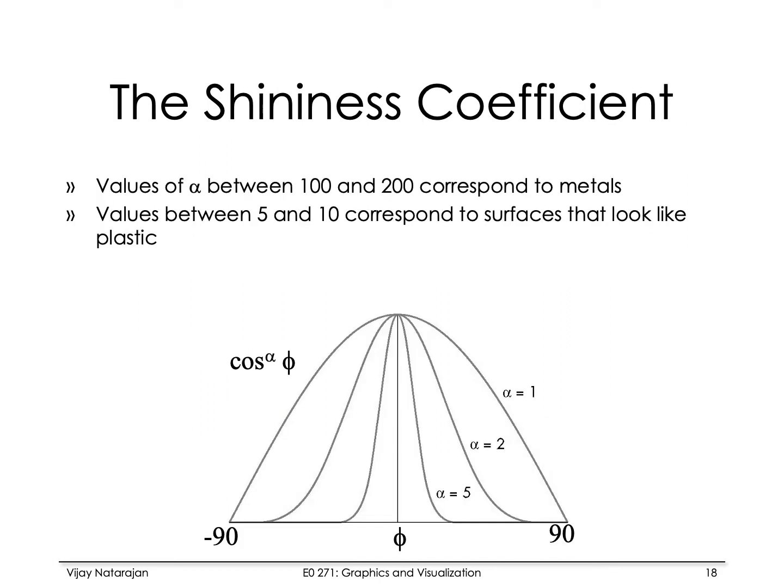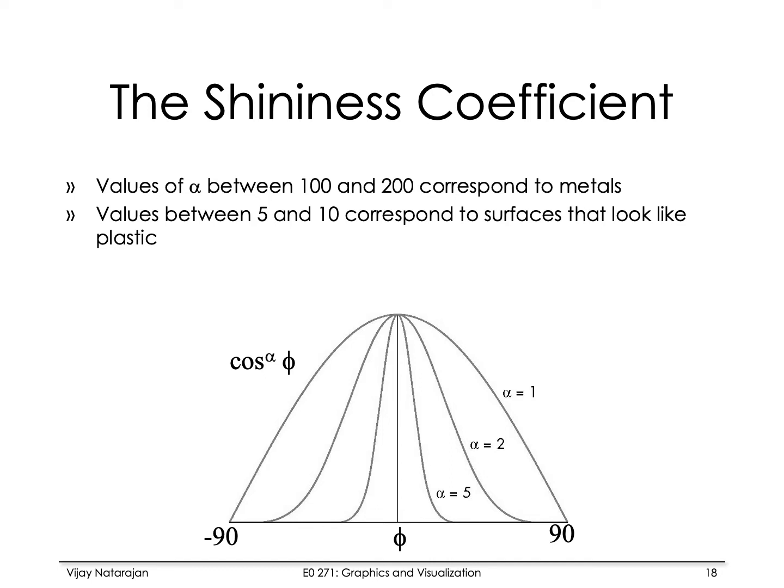If you notice, we had an exponent term there called alpha. So we had the cosine of phi raised to the alpha. This alpha, called the shininess coefficient, captures how shiny the object is.